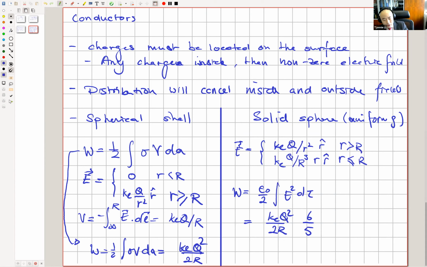There's more energy inside a system where the charge is uniformly distributed along a sphere compared to if all the charges are really at the edge. And so even if we have a conductor, even from energetic arguments, you can say that all the charges prefer to be on the edge in such a way that it minimizes the energy inside this configuration.